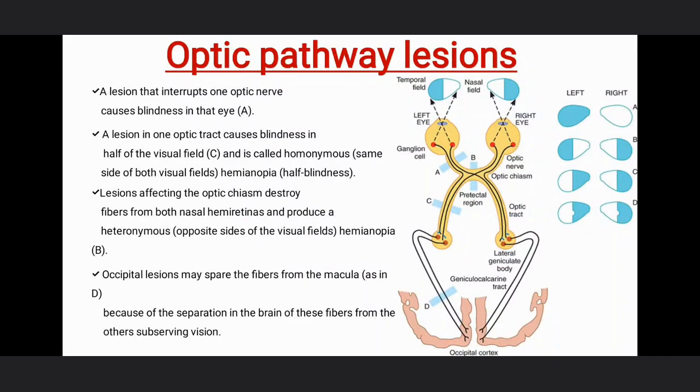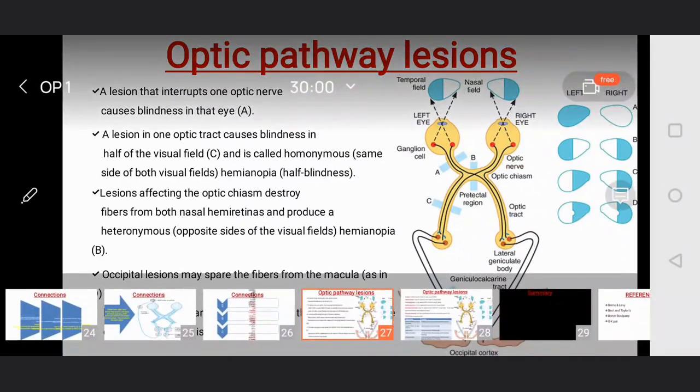Okay, that we call B. Now D you can see, occipital lesions may spare the fibers from the macula, as in D, because of the separation in the brain of these fibers from others subserving vision. So these are some of the common lesions of the optic pathway.